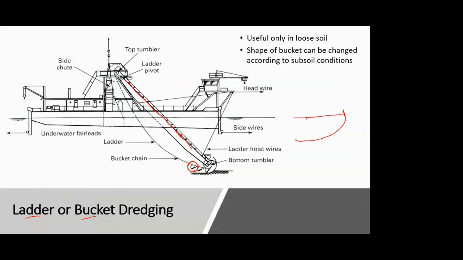It is obviously hollow from inside. These buckets are arranged in such a way, depending on the movement of the conveyor, that when one goes underneath the water and comes in contact with the bed of that water body, these teeth, or even if you provide just a bucket, this edge will scrape off the material that has to be dredged.